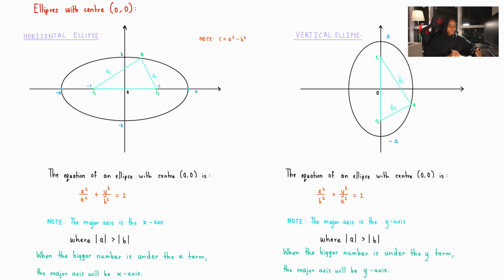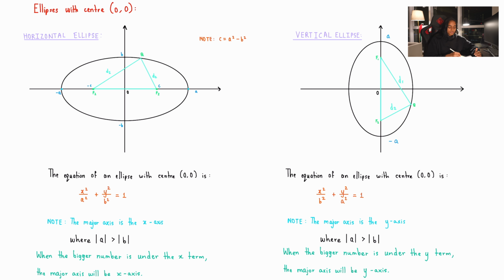So the equation of an ellipse with center (0, 0) is x squared over a squared plus y squared over b squared is equal to 1. Remember, (0, 0) for a horizontal ellipse, where the major axis is the x-axis. So again, for horizontal, the major axis is the x-axis. For vertical, the major axis is the y-axis.